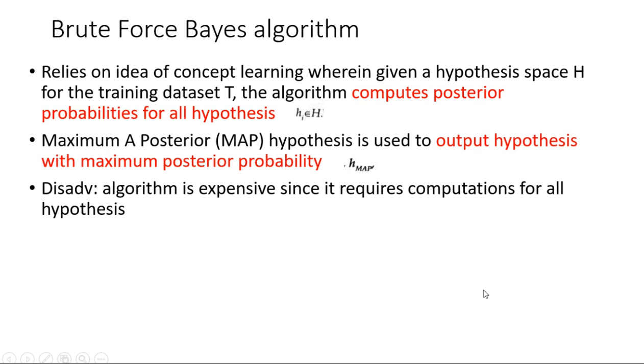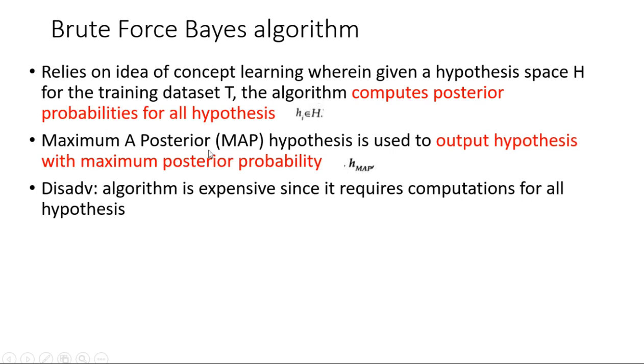Now there is one more algorithm called the brute force Bayes algorithm. The concept of this algorithm relies on concept learning, where for the hypothesis space H and the training data set T, we compute the posterior probability for all the hypotheses.